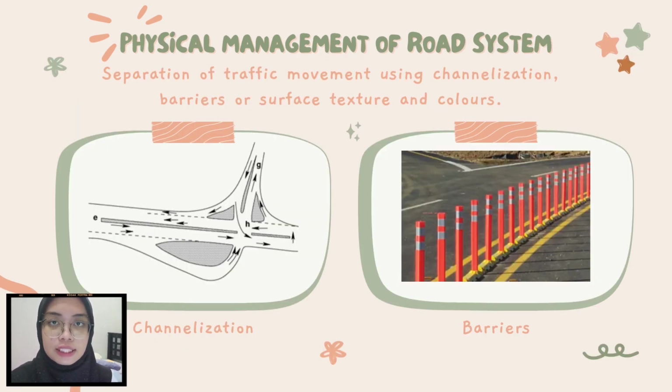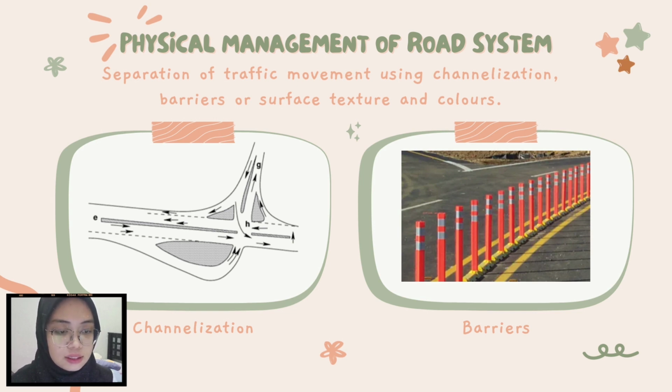Physical management of road system includes physical changes applied to current traffic flow by using traffic control equipment and road furniture. As you can see, this is one example of physical management of road system, which is separation of traffic movement using channelization, barrier or surface textures and colors.